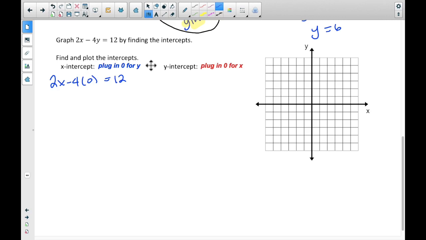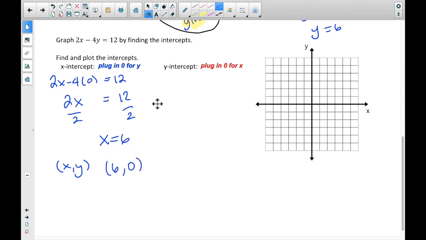So x-intercept, plug in 0 for y. So that is 2x minus 0. I don't need to write that 0, right? And so I can divide by 2, and I get x equals 6. So the coordinate I'm looking for, the xy coordinate, x is 6, y is 0. Find the y-intercept, plug in 0 for x.